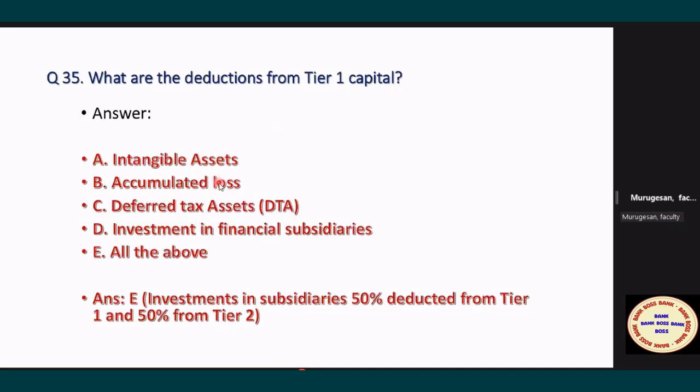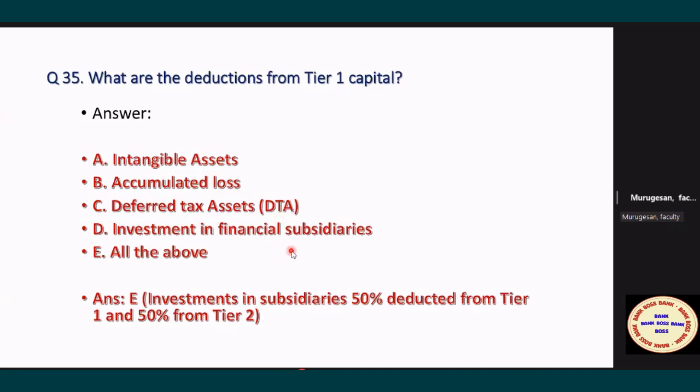And accumulated loss also, instead of accounting it in the P&L account, they have parked those entries on the asset side. But ultimately everything on your asset side becomes a loss, meaning non-receivable. The DTA means tax receivables, the overtax you have paid or reassessment you have done. Until you receive it, don't recognize it as a valuable asset. So better knock it off.